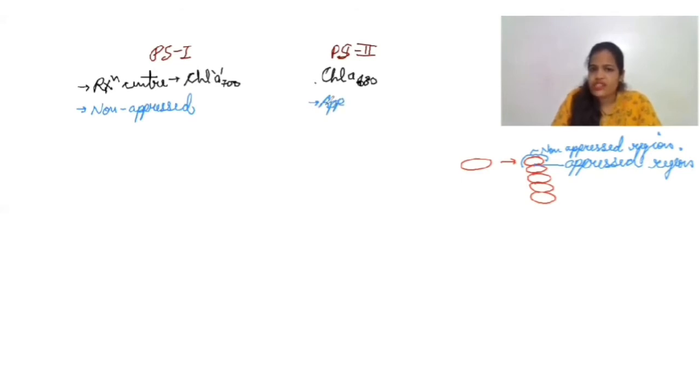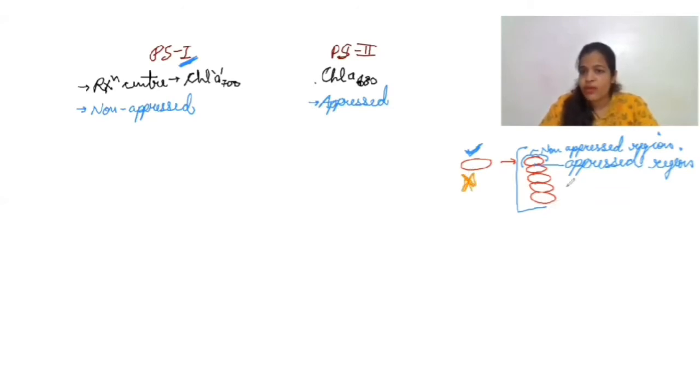So guys, can you conclude one point over here, that photosystem 1 will be present in individual thylakoids and in the complete grana also, but photosystem 2, which is present only on the appressed part, cannot be found in the individual thylakoids. It is found only in the appressed region of the grana. Clear? So the next point is: found in both thylakoid types. Thylakoid means individual thylakoid and grana.